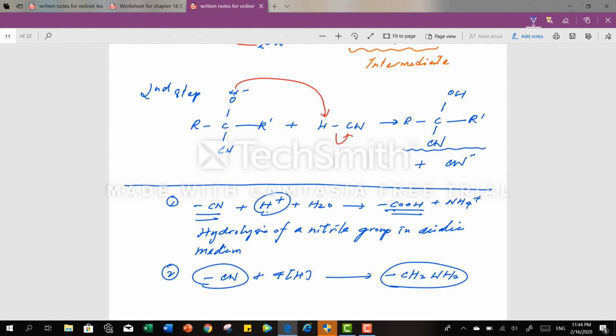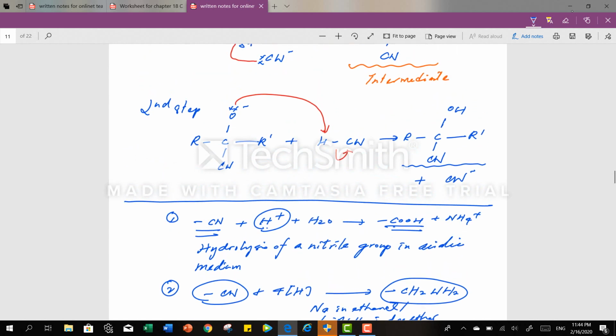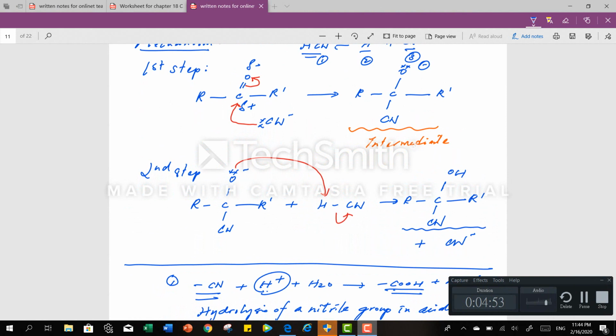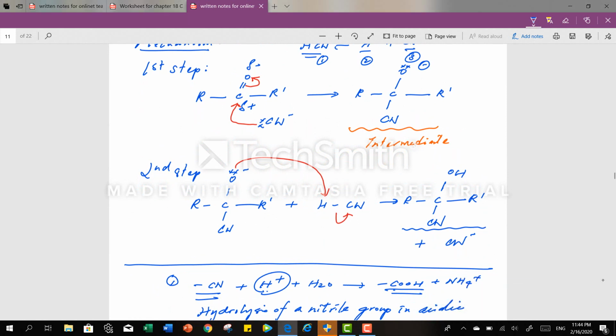We need Na in ethanol, or you can use LiAlH4 in dry ether. Remember, if you use LiAlH4, you do not need to heat because it's already a very, very reactive reducing agent. So this is what I mentioned last time. Do you remember? Okay, then let's continue to go back to the handout.